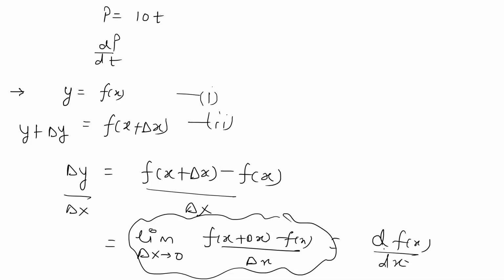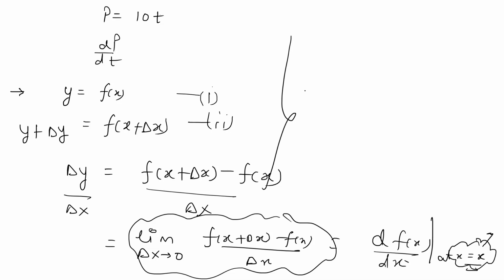And it gives the differentiation at x equal to x. It is instantaneous, you can say at a particular point. These are the fundamentals of differentiation, and by solving this equation we find some formulas.